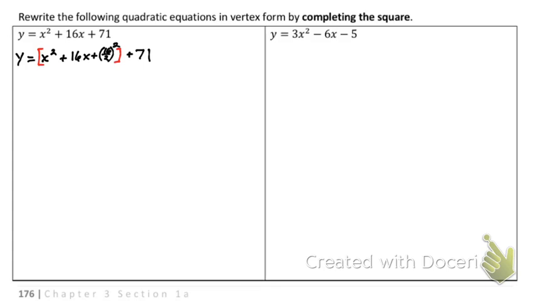How could I keep it balanced? Subtract that number away. If I hand you $10 and then immediately take it back, I didn't lose any money. So that's exactly what we're going to do. If I added 16 over 2 squared, I am then going to subtract 16 over 2 squared.